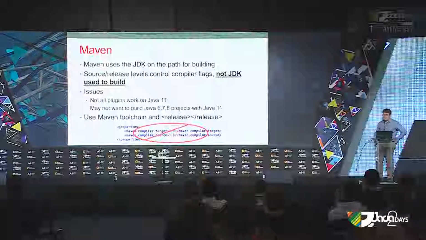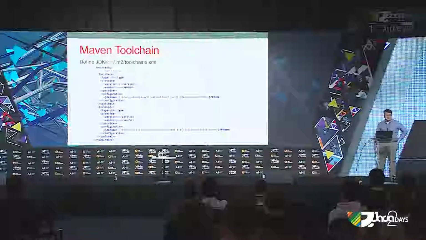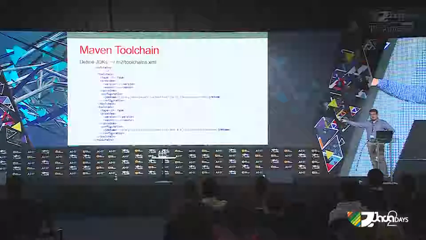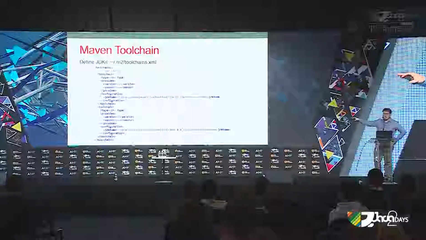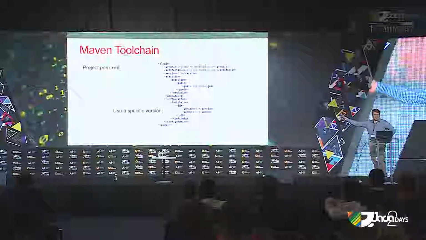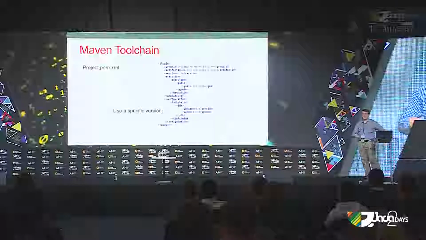So don't use the approach at the bottom. Use the approach in the next slide where you set up and define your JDKs in the Maven toolchain file. You specify which one's 11, where Java 11 is installed, where your JDK 8 is installed, and then in your actual build file, you set up the execution to use the JDK configured in the toolchain.